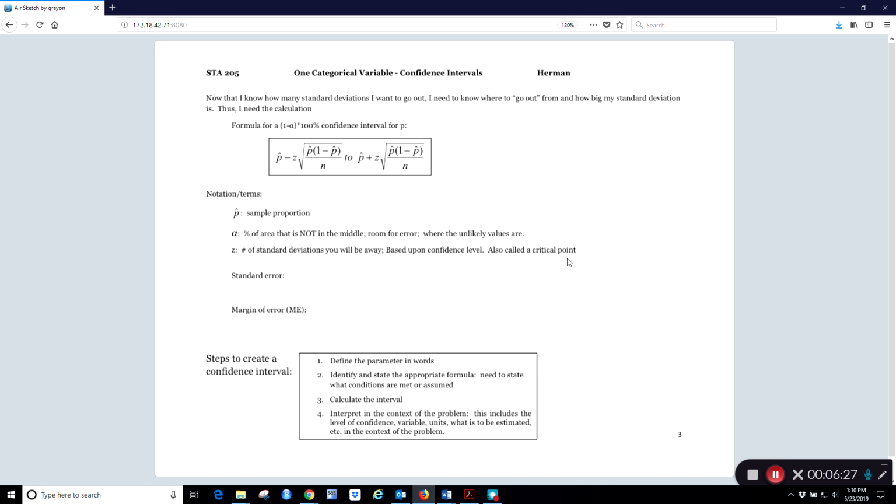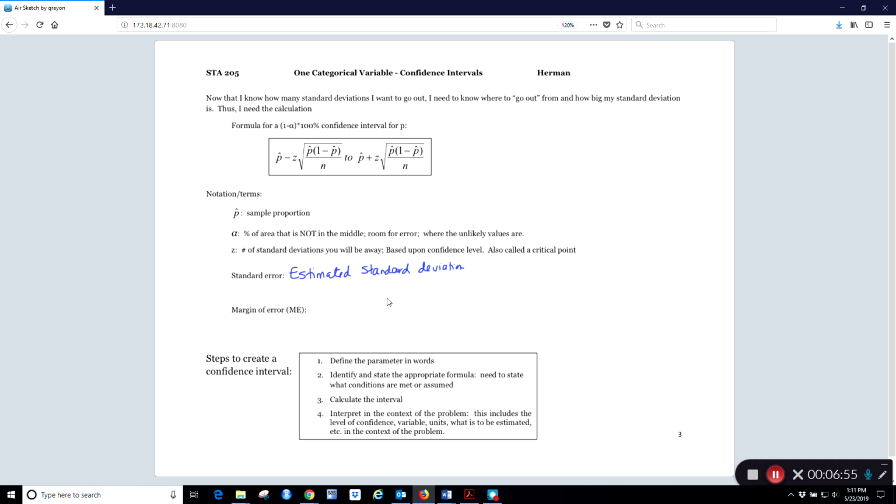A couple of other new terms just for understanding, and it's going to be helpful, especially as we go further in this module. The first one's what's called a standard error. And a standard error is just an estimated standard deviation. So what do I mean by an estimated standard deviation?